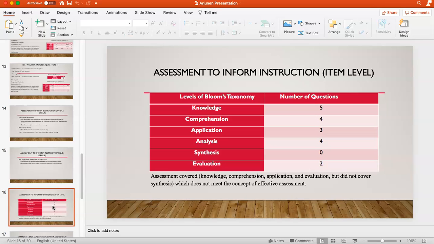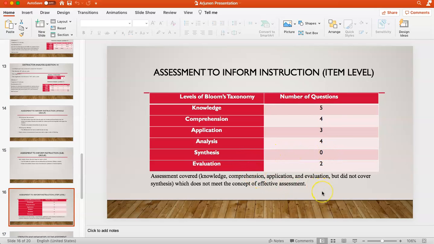Assessment to inform instruction, using item level. In using the 6 levels of Bloom's taxonomy, knowledge, comprehension, application, analysis, synthesis, and evaluation, we have seen that the number of questions aligned to knowledge was 5, comprehension was 4, application was 3, analysis 4, synthesis, no question was aligned to synthesis, evaluation was 2.